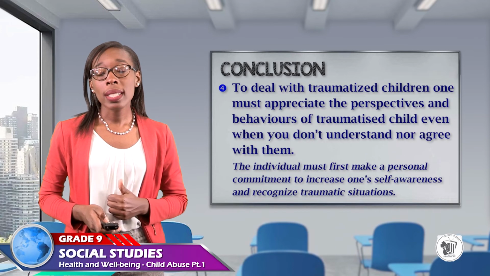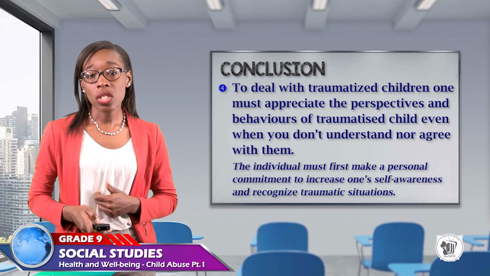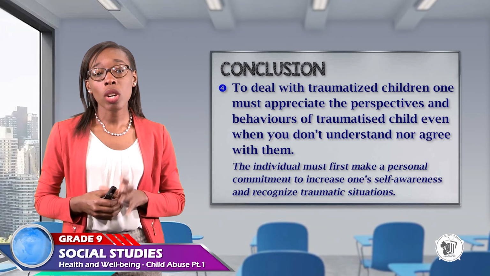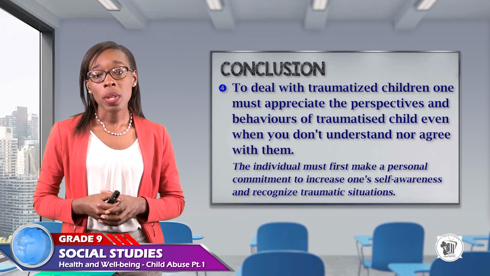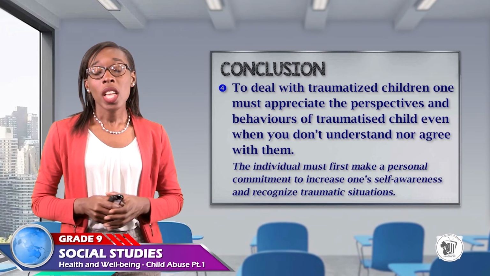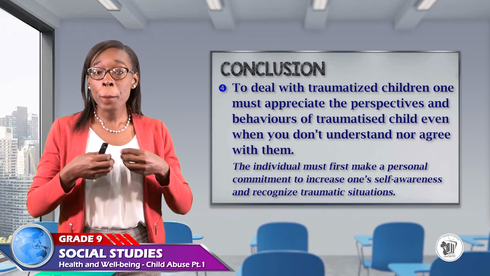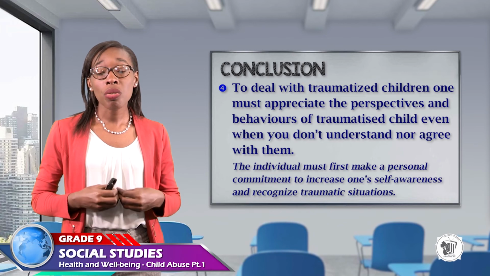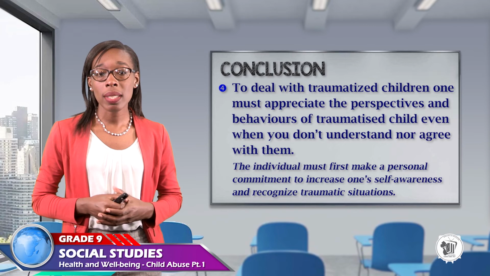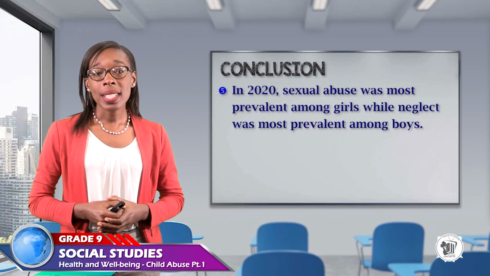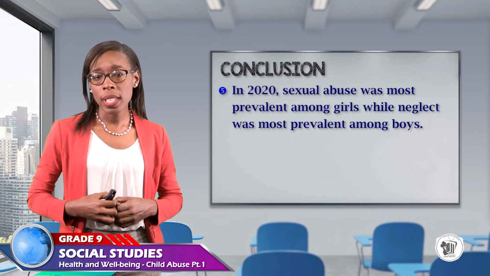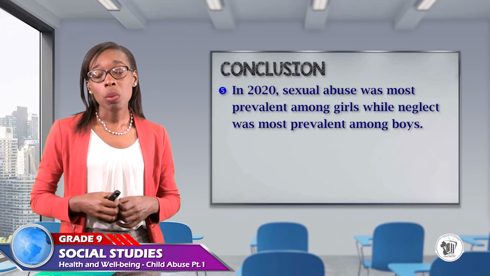The fourth point is that to deal with traumatized children, one must appreciate the perspectives and behaviors of the traumatized child, even when they do not understand nor agree with them. The individual must first make a personal commitment to increase their self awareness and recognize traumatic situations. The fifth point is that in 2020, sexual abuse was the most prevalent among girls, while neglect was the most prevalent among boys.